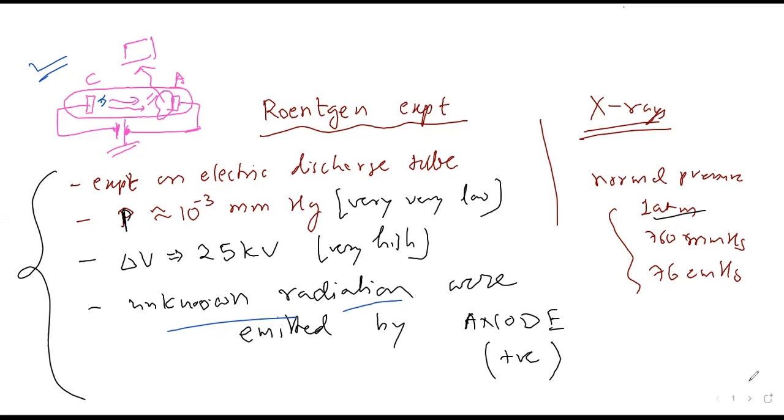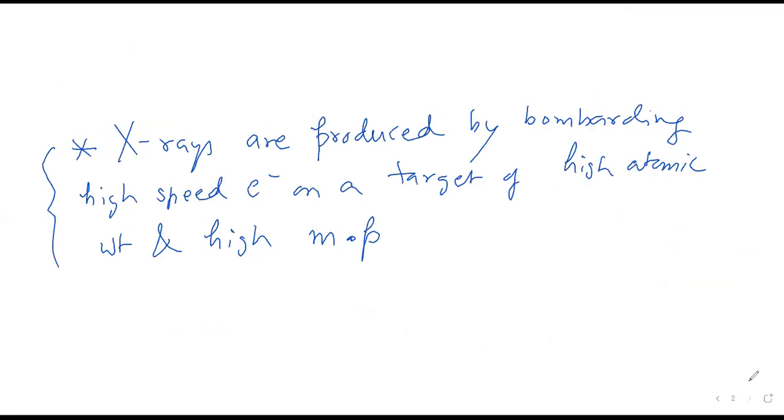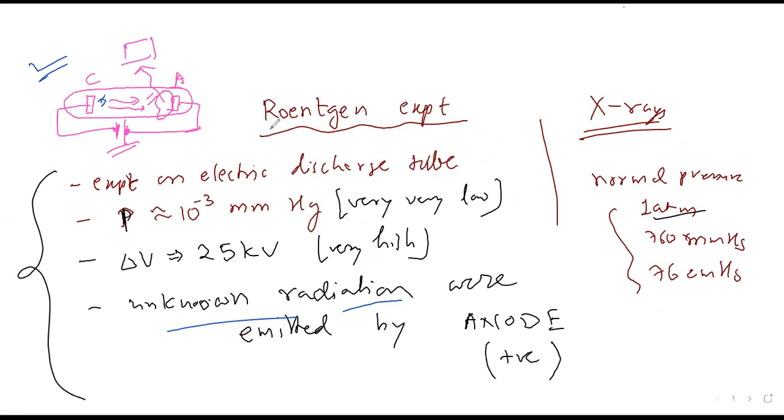This is important, this is how X-rays are produced. So obviously, based on this experiment, can you guess how Rontgen could have died at that time?